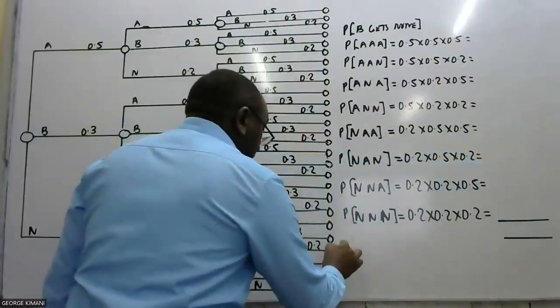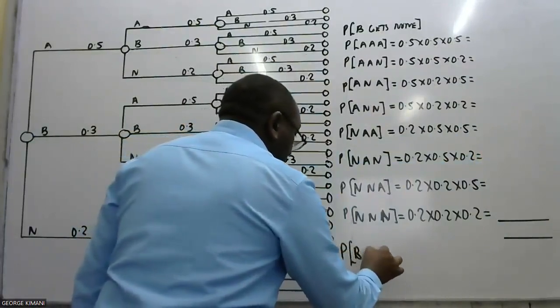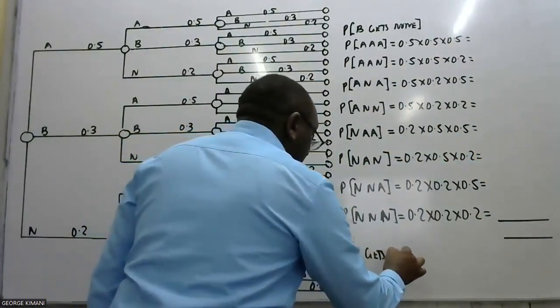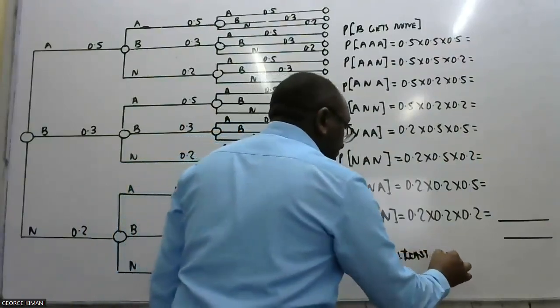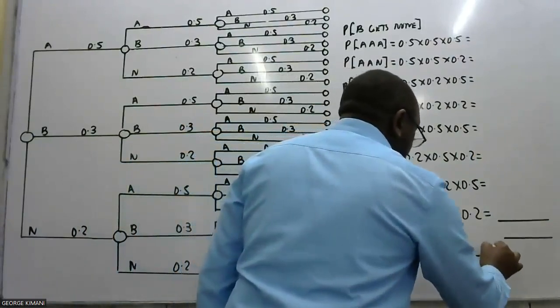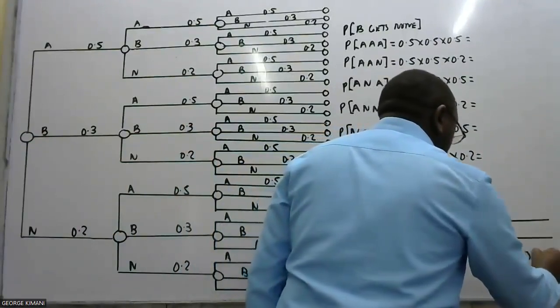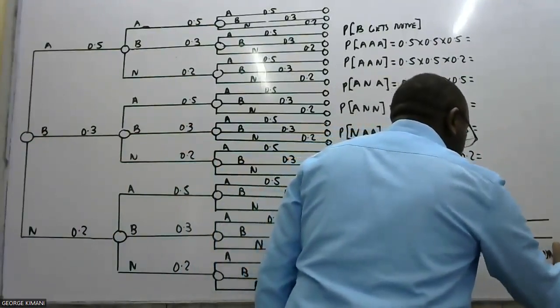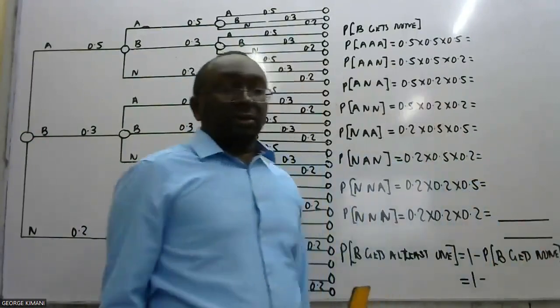So that now down there we put your probability that B gets at least one. At least one, it is the same thing as 1 minus probability that B gets none. So we say 1 minus that total you will have got there.